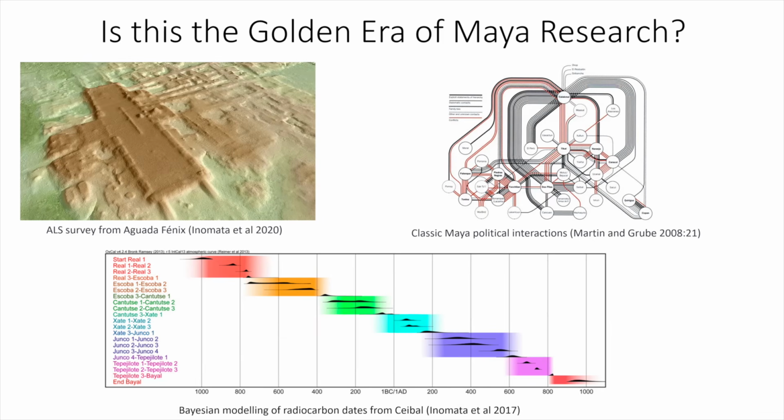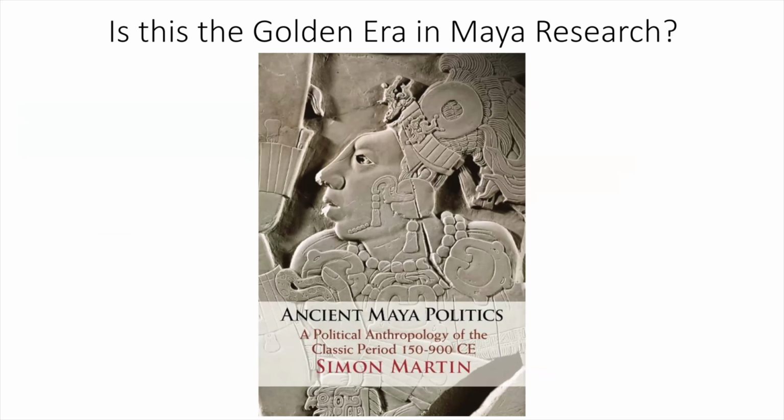One of the works that I've read more recently is Simon Martin's really amazing book on ancestral politics. If you're unfamiliar with this book, I highly recommend it. It is one of the most empirically dense books I've ever read, and I say that in the best possible way.